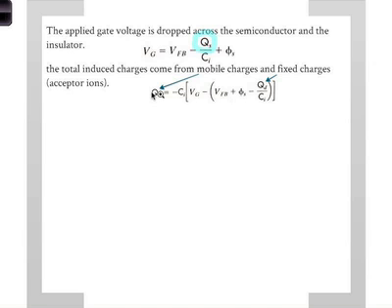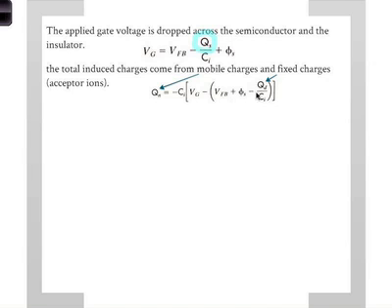What we have done here is relate the charge in the inversion layer to the applied gate voltage. Think about that for a second. We apply a gate voltage, and we want to know how many charges are in the inversion layer because we want to calculate the current. The applied gate voltage has to contribute to many terms, in fact four terms: the flat band term, the band bending, then the mobile charge, and it has to match the charges because the charges have to cause a potential drop.